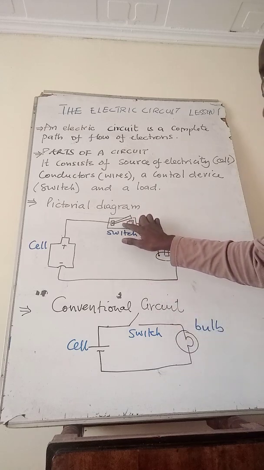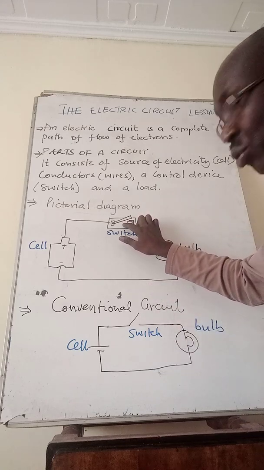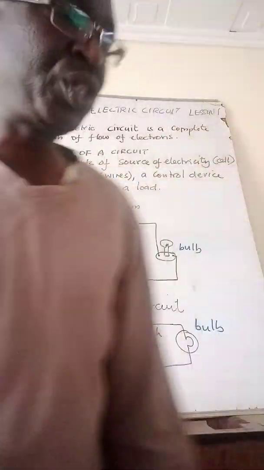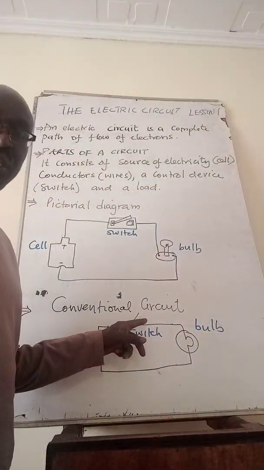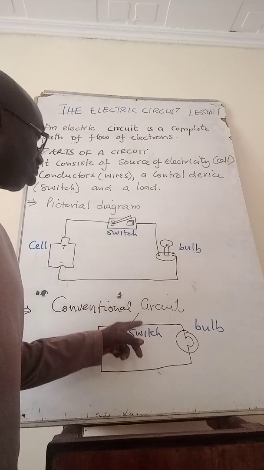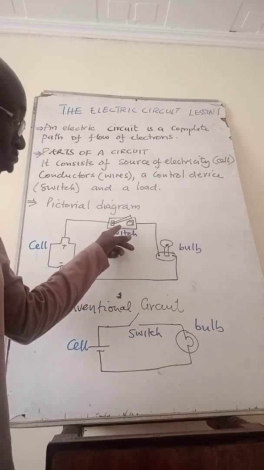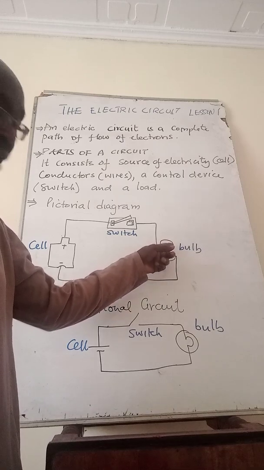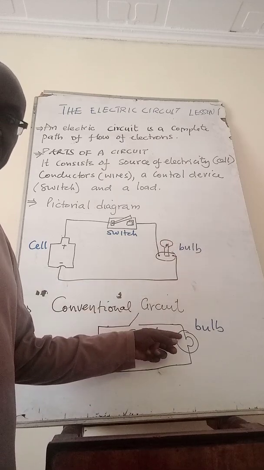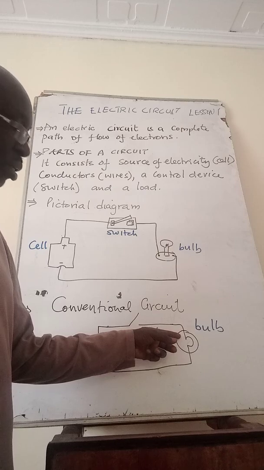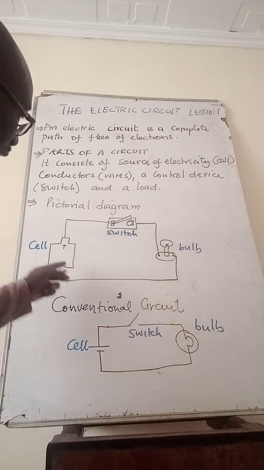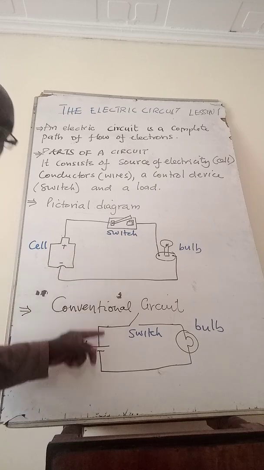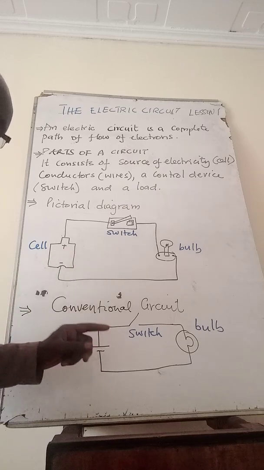This switch in open position is the same thing I'm showing there again in open position. This is open position. This is open position. On your right, you can see a bulb, the picture of a bulb, but symbolically, this is the way it is drawn. Then here we have the picture of a cell, but symbolically, we draw it this way.